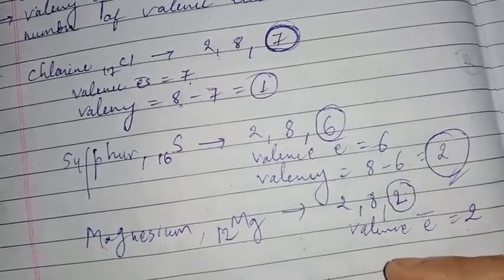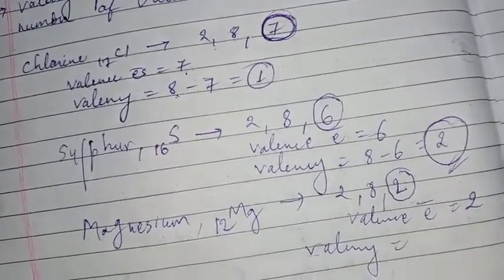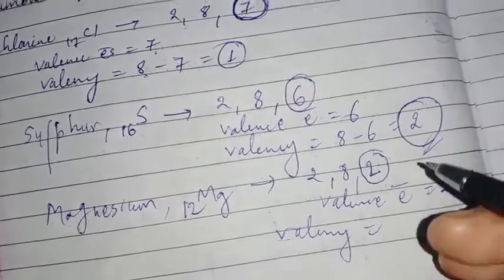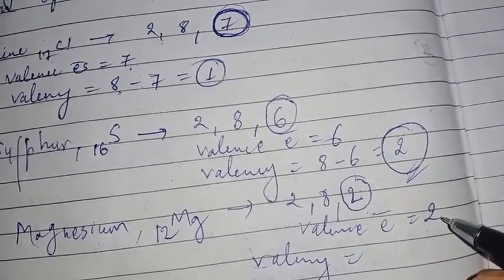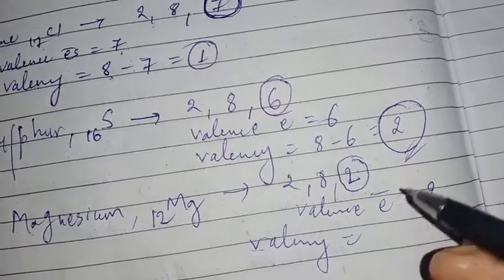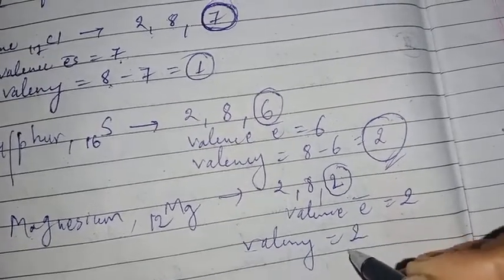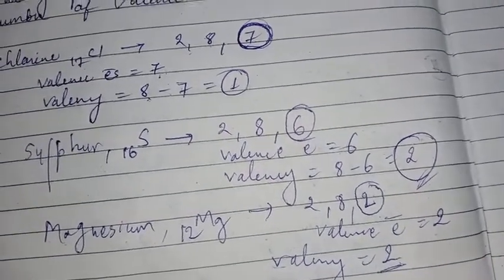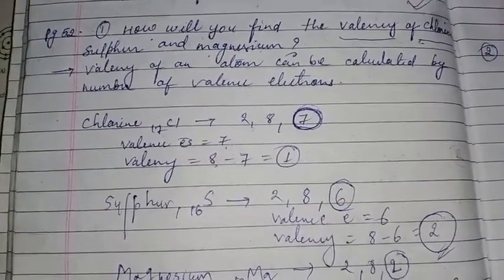So there are 2 electrons in the valence shell. So what would be the valency? Again, if you remember, I told you, if the number of valence electrons is less than or equal to 4, that is 1, 2, 3 or 4, then valency will be equal to the number of valence electrons. So here valency will be 2 only. Okay, so that's how you can calculate the valency.